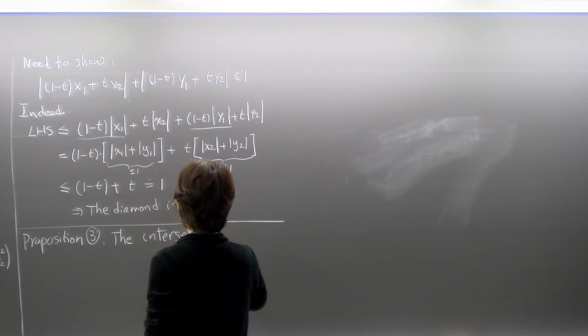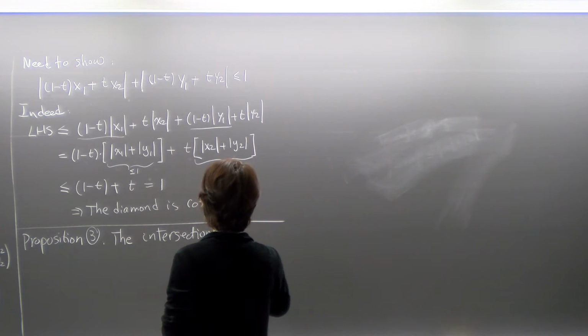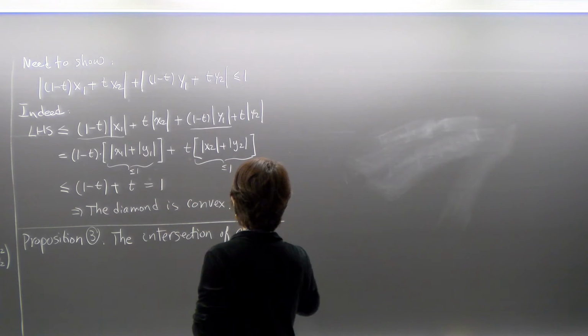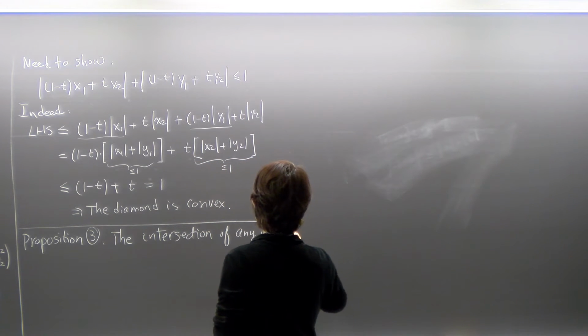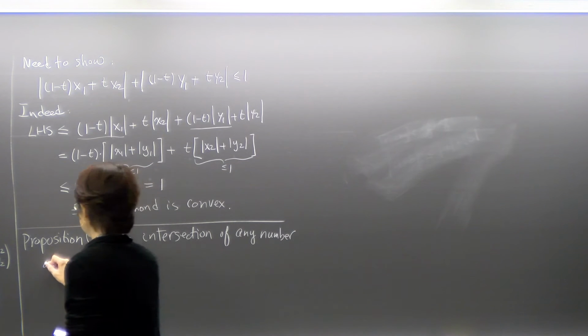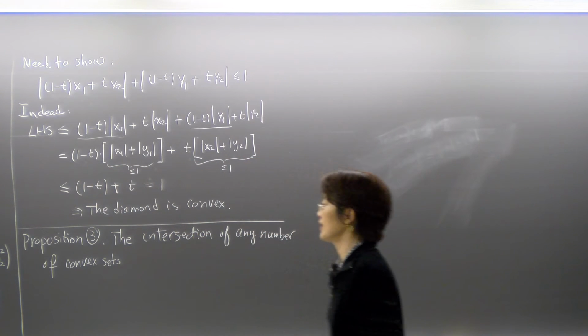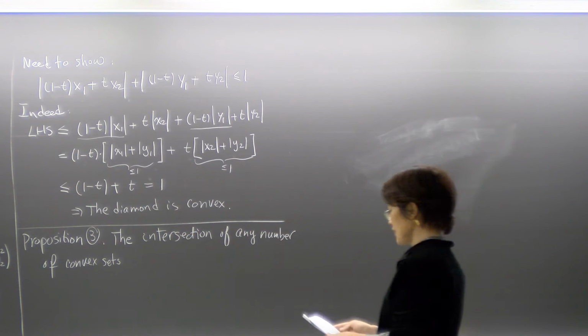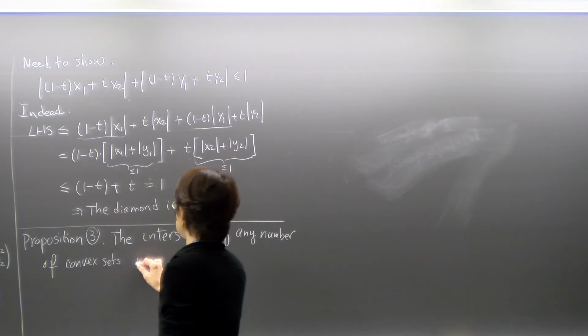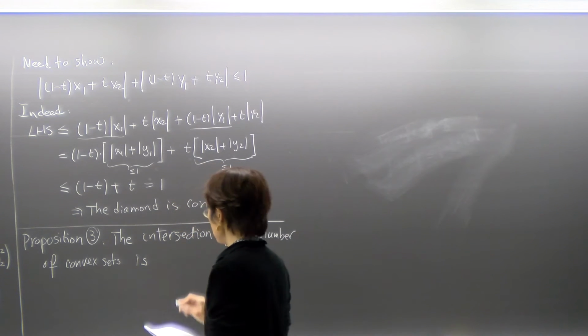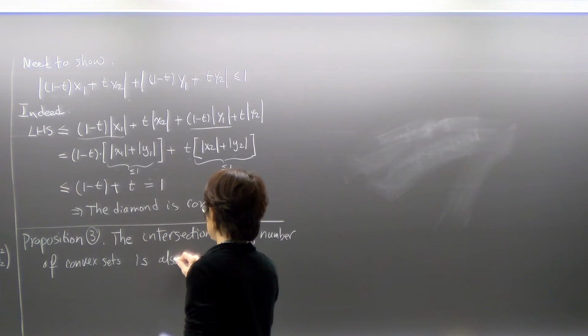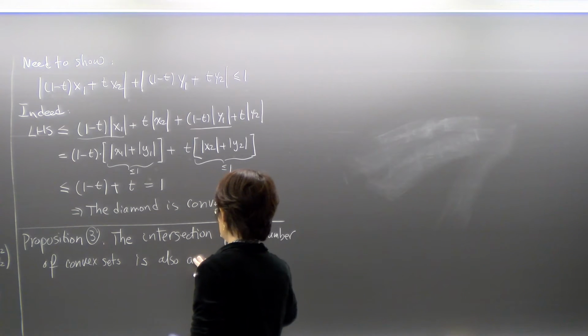Actually, there is a general result saying that the intersection of any number of convex sets, not only two, you can give me 100, if each of them is convex, and then you make an intersection of it, then this intersection is also convex.